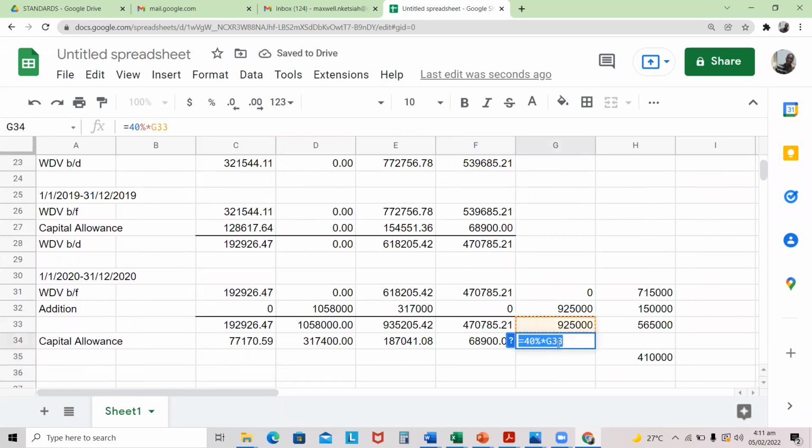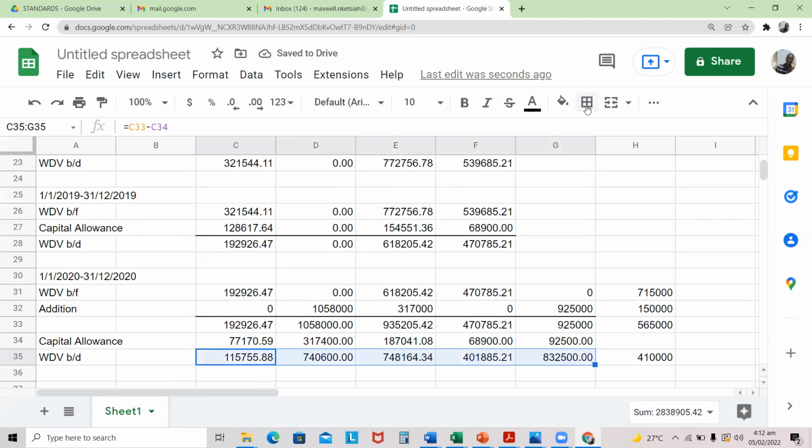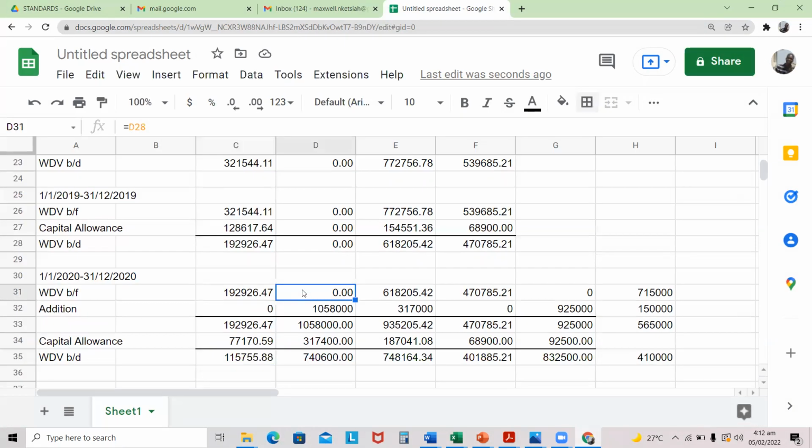Then this one too is straight line. This one is 10. This one is also 10. So for the written down value, go down. We have this minus capital allowance. So you get the written down value for the various years. Okay, so we are done with the calculation of capital allowance.